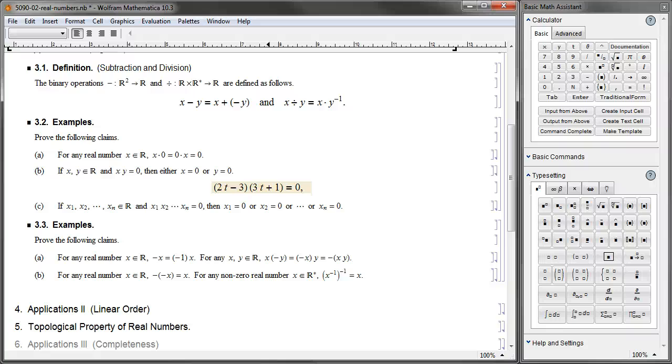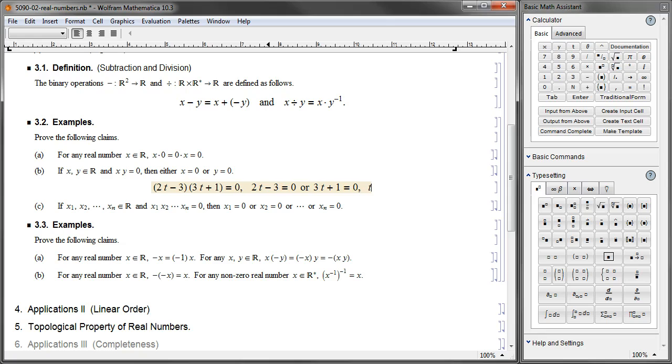And then we use this property to conclude that either the first factor x is 0 or the second factor y is 0. So we get either 2t minus 3 is 0, or 3t plus 1 is 0.